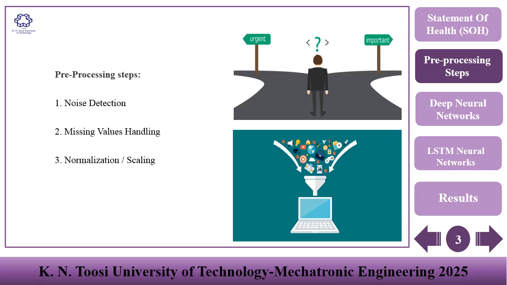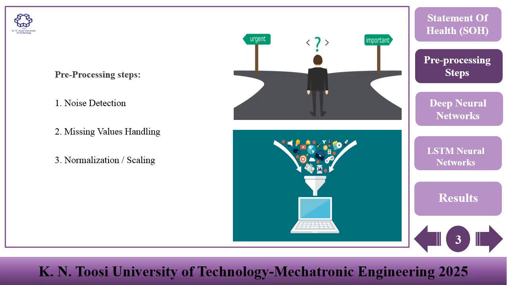Rather than using a simple, potentially biased average, we use techniques like linear interpolation or k-nearest neighbors to estimate the missing values based on the surrounding data trends. This careful approach fills the gaps in a way that preserves the underlying patterns and dynamics of the battery's performance without introducing artificial bias.